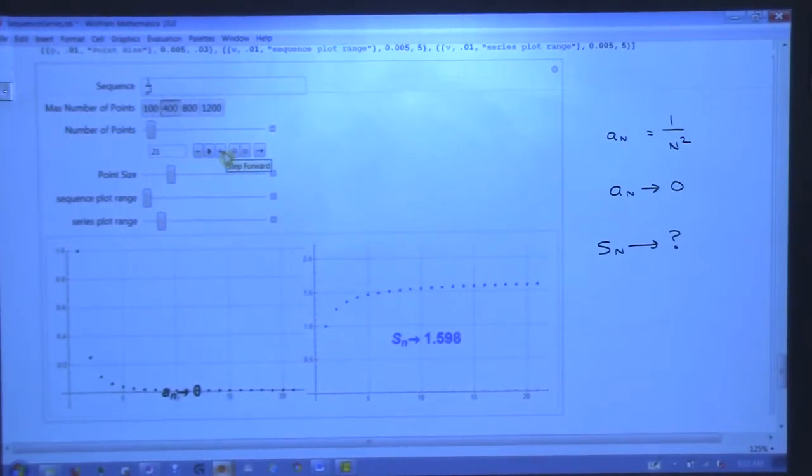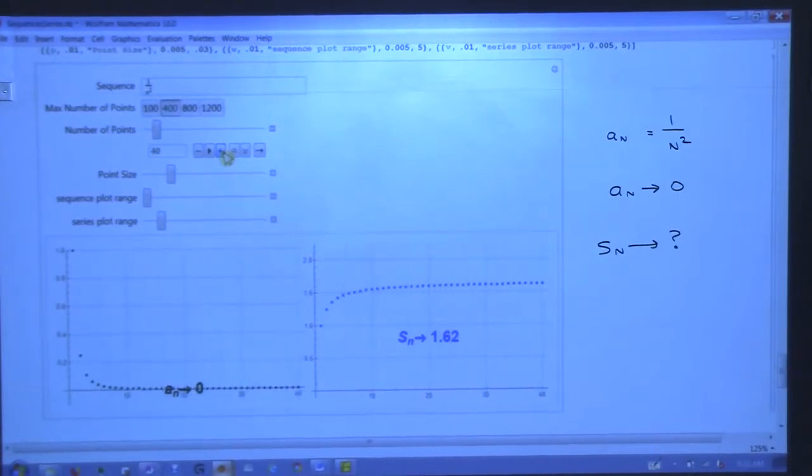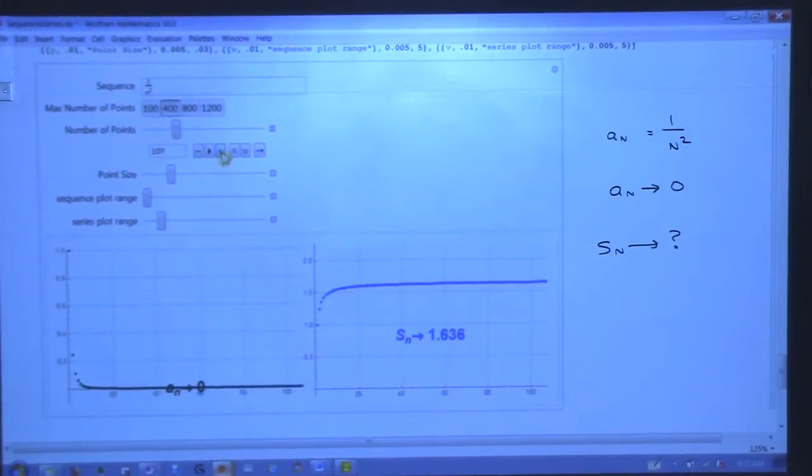So let me keep going. We're at 1.6. It's growing though, isn't it? 1.628. We're almost out to the hundredth number here. 1.634. Doesn't seem to be growing much, does it?